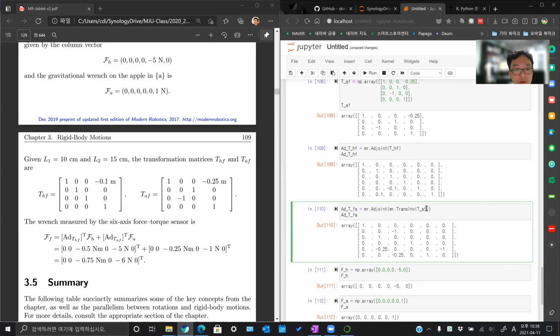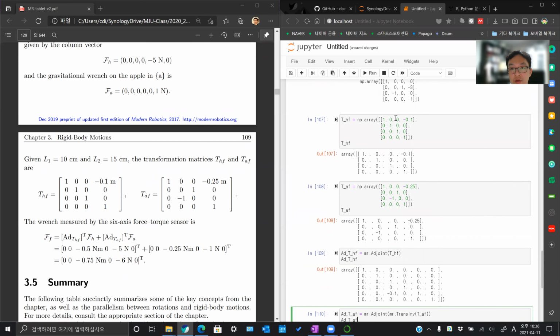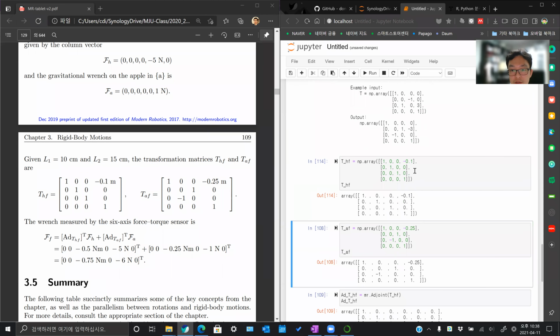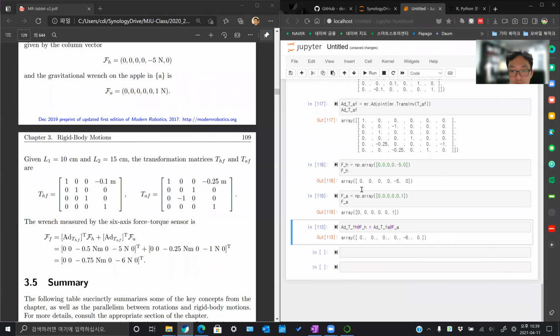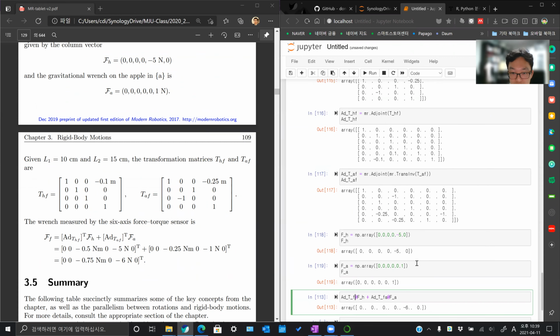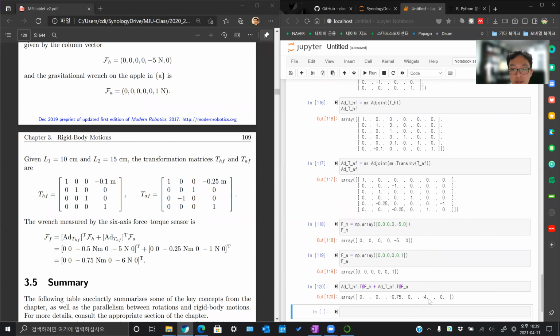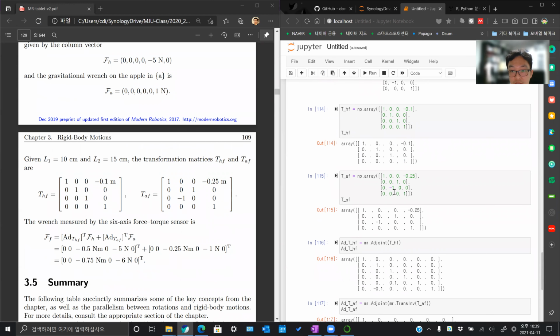And here we should use AF. Okay. Run. When we calculate here, we should use the transpose here. And also we should use the transpose in here. Yeah, then it becomes like this. Okay, I think this should be 1.